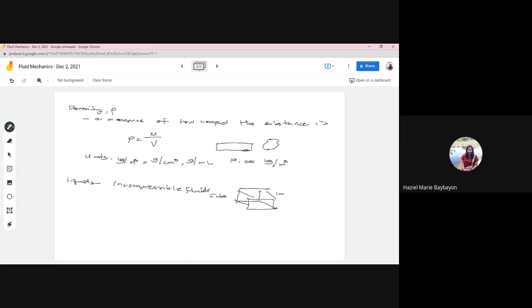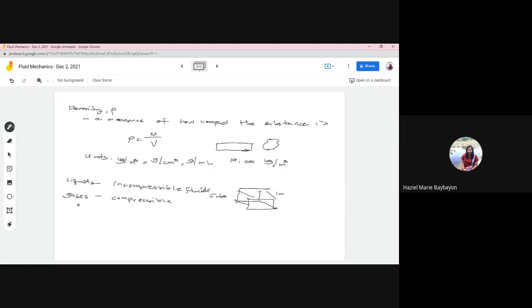If we compare this to gases, the molecules of gases are very far from each other, such that they are readily compressible. Since density is a measure of how compact the substance is, gas, class, is easily compressed depending on temperature and pressure. The density of gases varies.